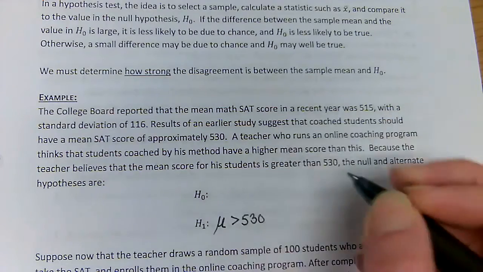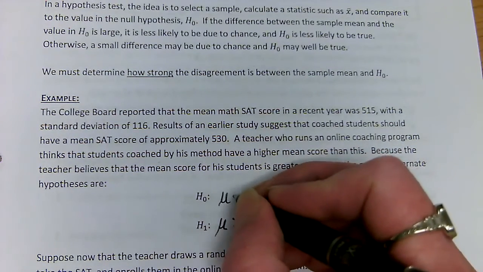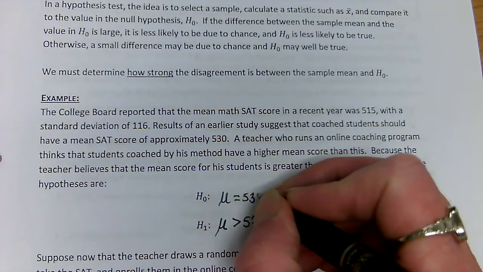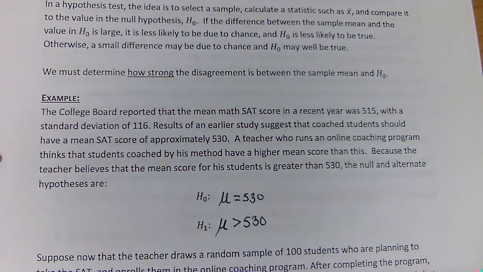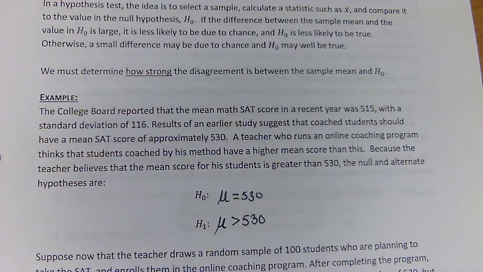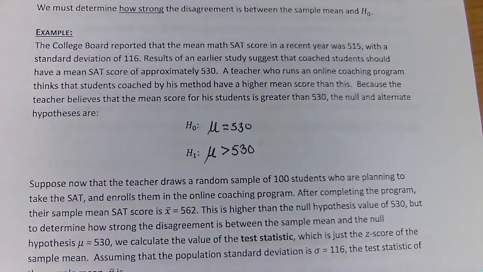Now, the earlier study had said that the mean is 530. Now, this other data that was given is from a sample. So that did not have anything to do with this claim. So we have to be kind of careful with what is known and what we're looking at.